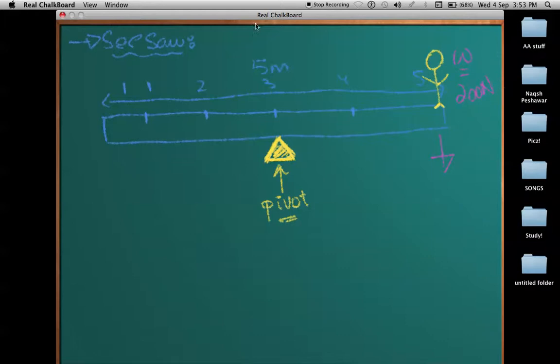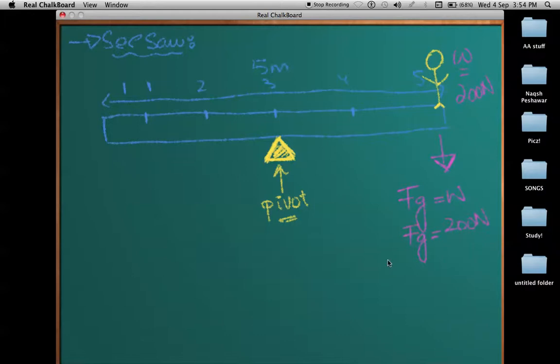So we know that when he sits on this seesaw, he would be exerting a gravitational force equal to his weight, and this force at this point of this friend is 200 newtons.